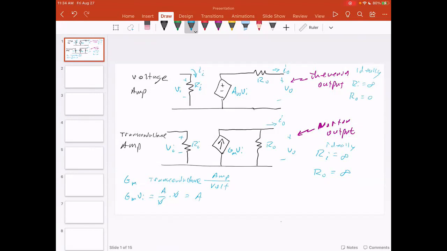We would like to lose no voltage through that resistance in the case of the voltage amplifier, but in the case of the Norton current source, we don't want to lose any current coming down here, and so we would ideally have an infinite output resistance. So it's a transconductance amplifier, and we define G_M.